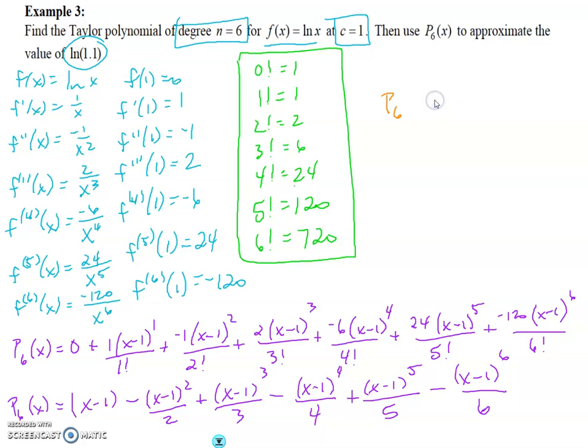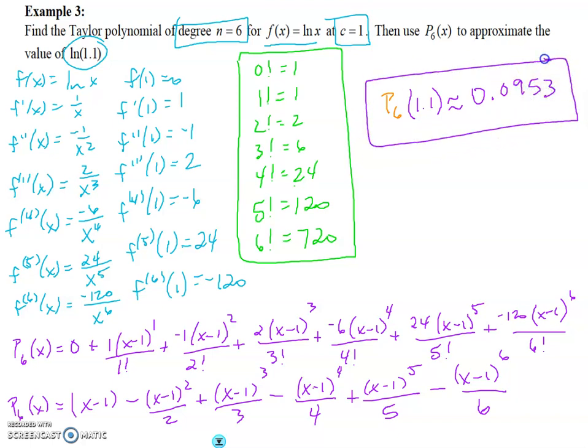So we've got P6 of 1.1 is approximately, and we're going to use our calculator to plug that in because we don't want to sit here and do all that math. But the idea is that having a polynomial is something that I could plug 1.1 into. In this case, I'm going to get 0.0953. I just went an extra decimal place there because we had the 0 in that original place.